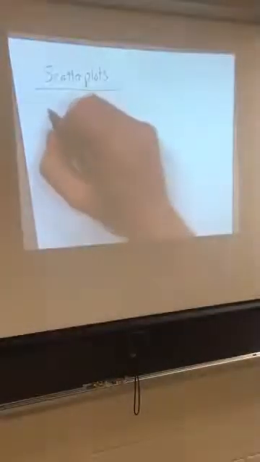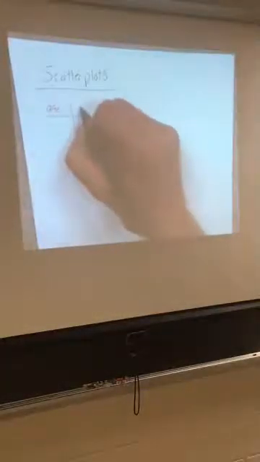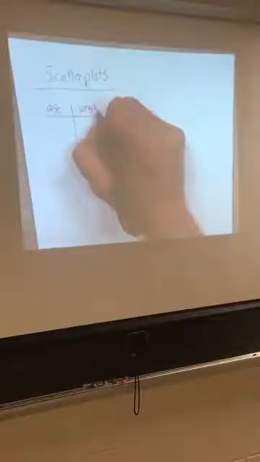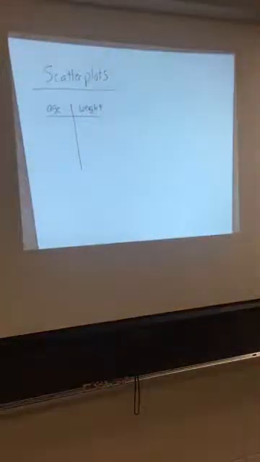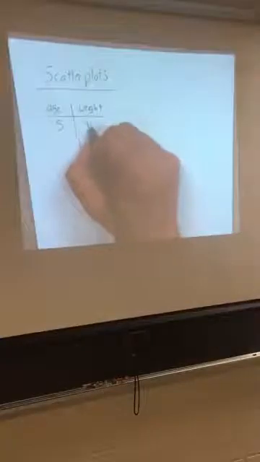So maybe we have age and weight. So let's say maybe the 5-year-old, I have no idea how much a 5-year-old weighs, but we'll just make some guesses. Maybe a 5-year-old weighs 40 pounds.